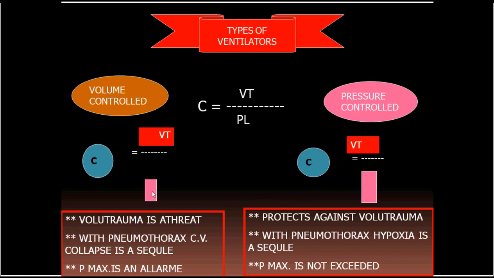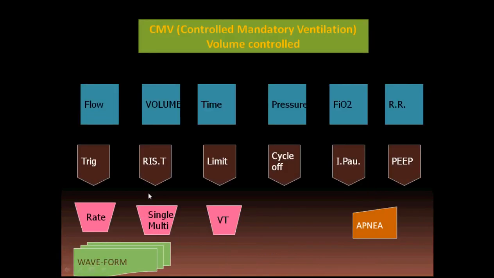On the other hand, if the reverse happens, that the compliance is bad, it is small, in this case the tidal volume is fixed, so the pressure will be high. The tidal volume is the same, 500 as I mentioned before, and the compliance is 25, so the pressure will increase, and instead of being 10, it'll be 20. So this should be considered.